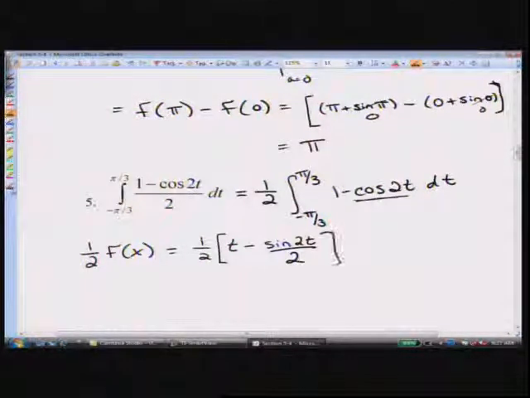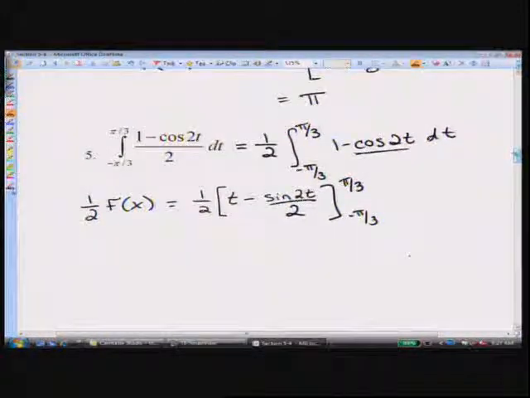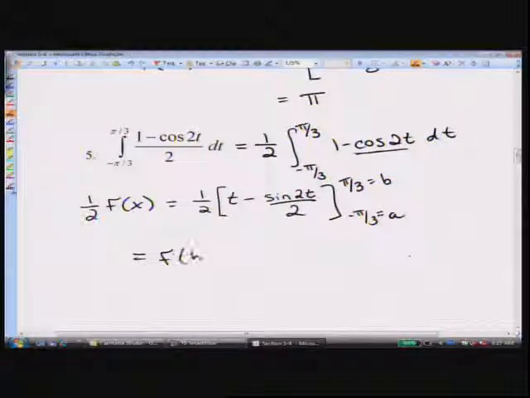All right, and we're going to do this from -pi/3 to pi/3. So now what we do is we plug in and we have 1/2. This is our A and this is our B. So you're going to do f of B minus f of A, and remember you take 1/2 of it.